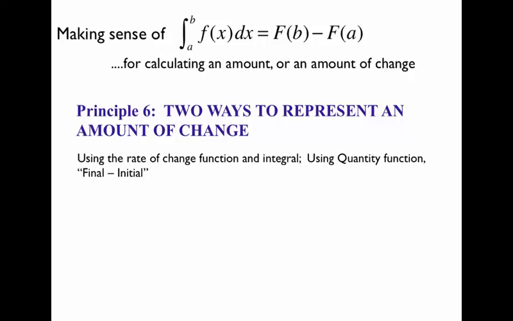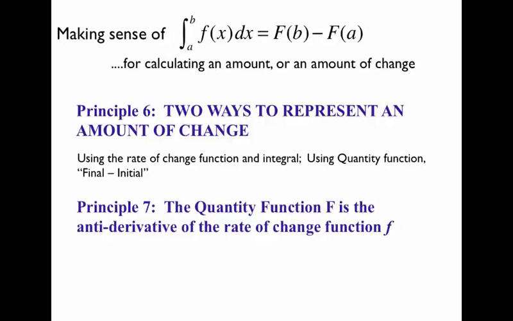And then the last principle is the quantity function big F is an antiderivative of the rate of change function little f, because little f is the rate of change of big F. So it's the derivative.